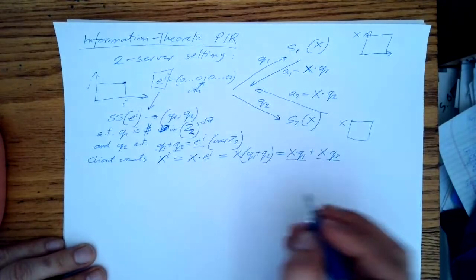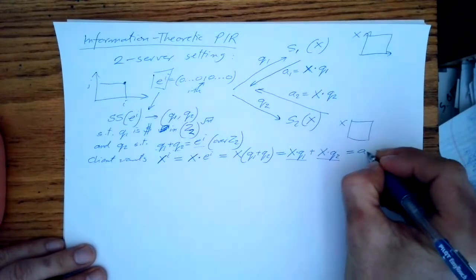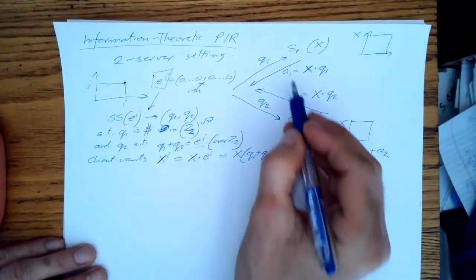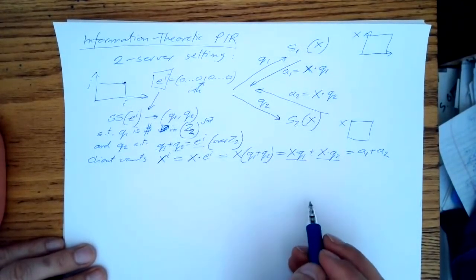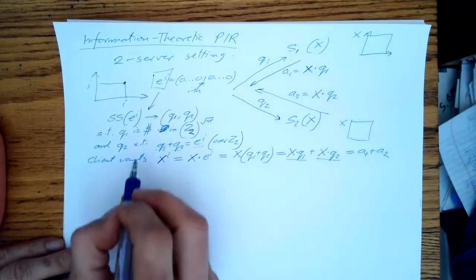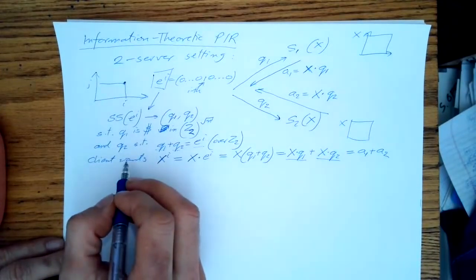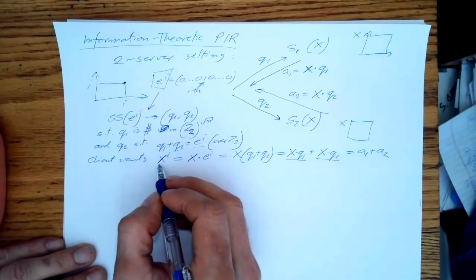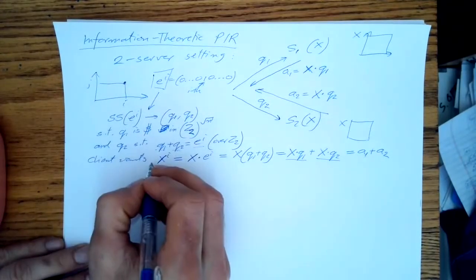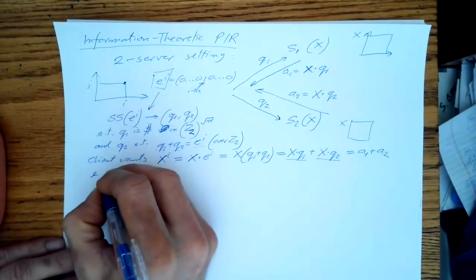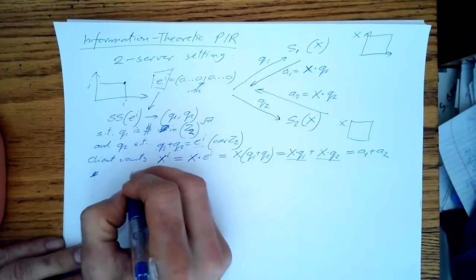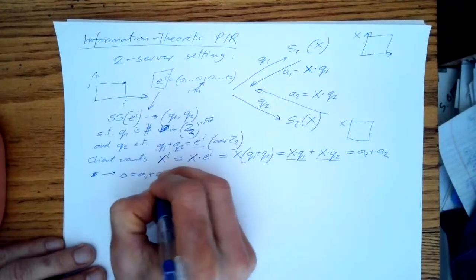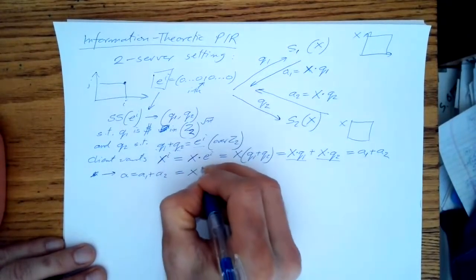All right, and so this can be recovered if I just add these two responses, and so he gets what he wanted. It follows that A, which is A1 plus A2, equals xi.